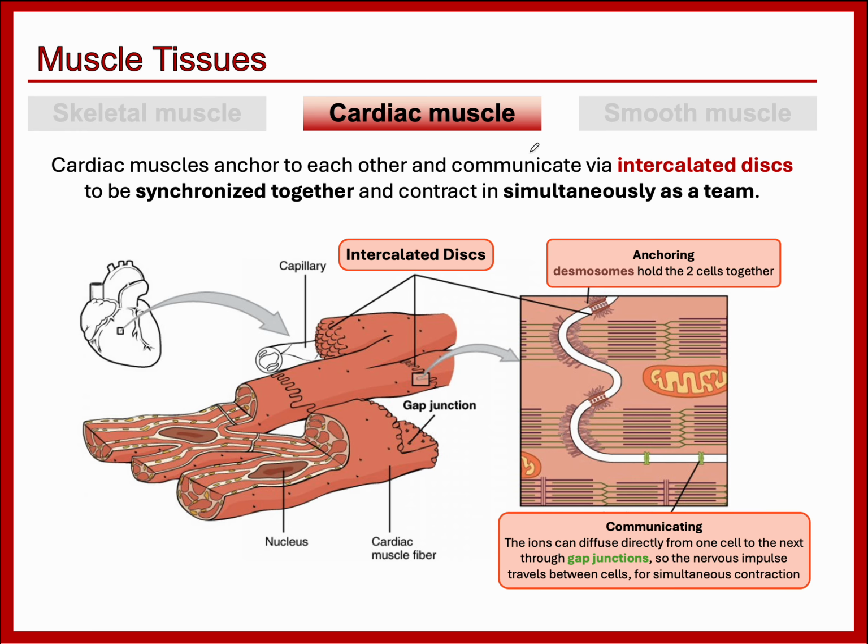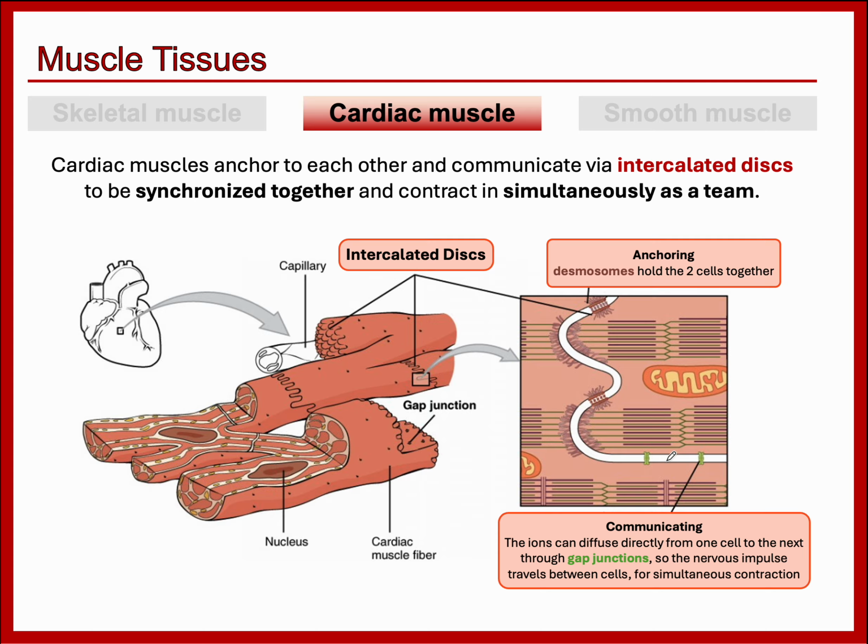I want to take a second to look at these intercalated discs. Between two cardiac cells are these zigzags. Those are intercalated discs. What do they help to do? They help the heart synchronize together and contract simultaneously. In these intercalated discs between cell number 1 and cell number 2, you anchor down with many hemidesmosomes, okay?